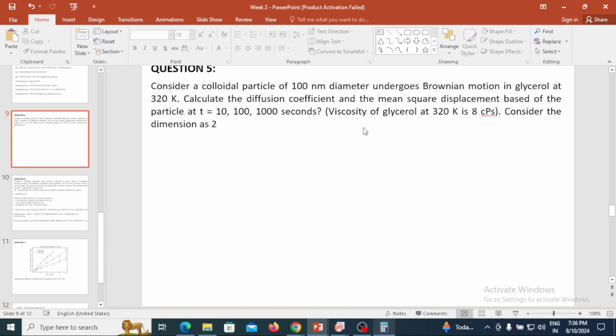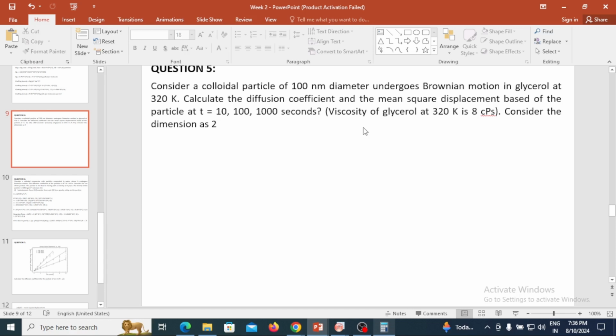So how will you solve this? Again, the same way, you are supposed to calculate the diffusion coefficient. For that, you have the radius of the particle, viscosity, and temperature. So you can use the Stokes-Einstein relationship and then calculate the diffusion coefficient.